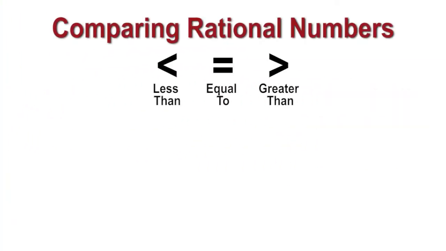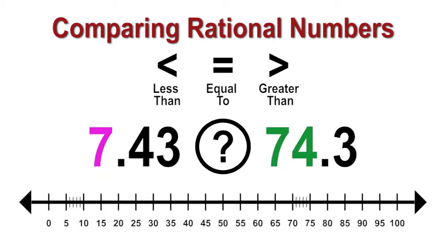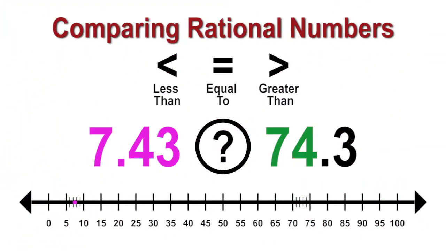Today, students learned how to compare positive rational numbers with equality or inequality signs, such as 7 and 43/100ths and 74 and 3/10ths. Consider that 7 is a smaller whole number than 74, and as we compare them on a number line, 7 and 43/100ths is located between a 7 and an 8 on the number line and is much closer to 0 than 74 and 3/10ths would be, since it is located between 74 and 75 on a number line.